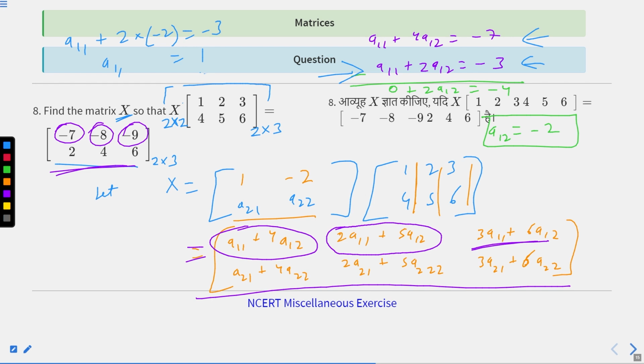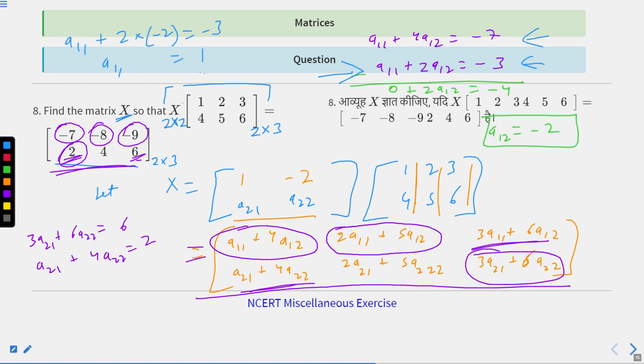Simple. Now we use the same approach to find a21 and a22. For a21, I will choose this entry: 3a21 plus 6a22 is equal to 6, and a21 plus 4a22 is equal to 2.